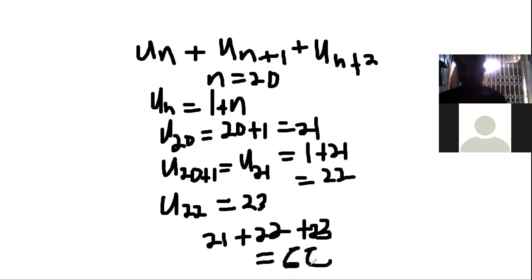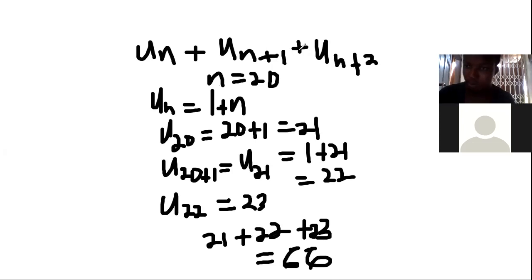Ruben, talk. The question is saying that we should find the value of U n plus 1 plus U n plus 2 when n is equal to 20. I realize that in our expressions, when the question said we should find U n in terms of n, we found U n to be equal to 1 plus n.